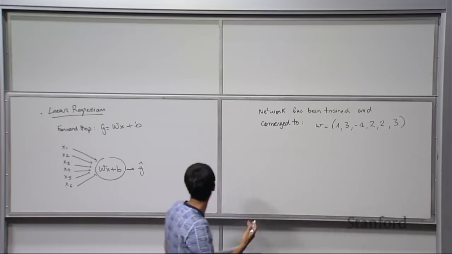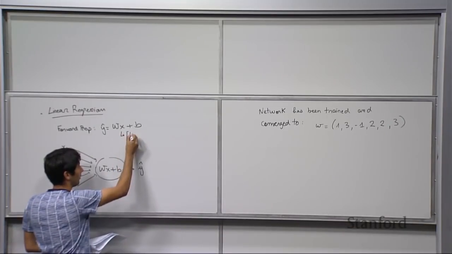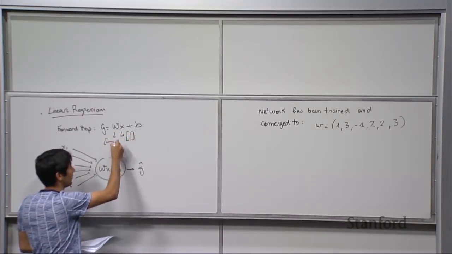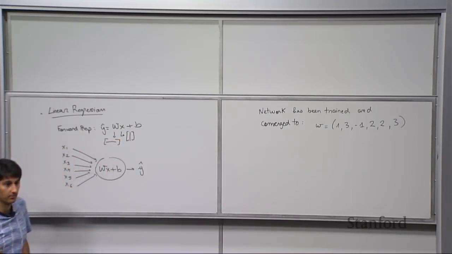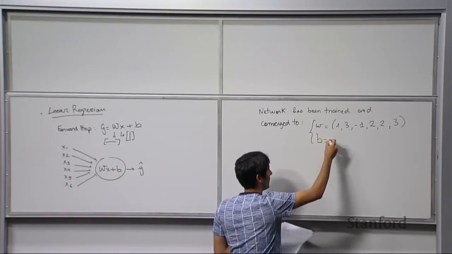This is W. Because we defined x to be a column vector of size 6, W has to be a row vector of size 6. So the network converges to this value of W and b equals 0.